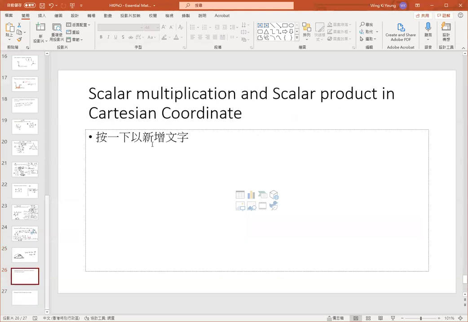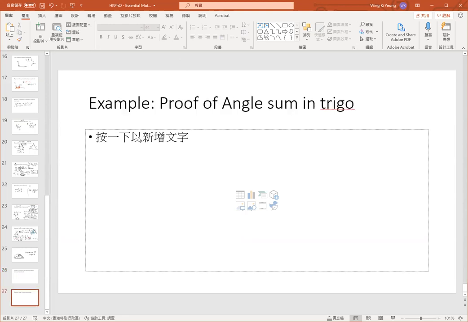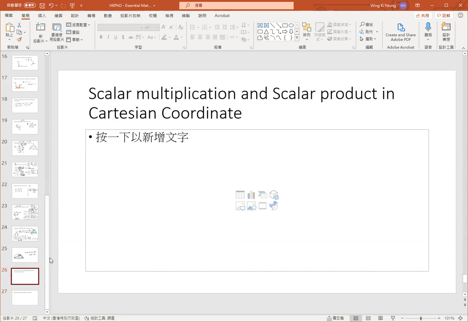Okay. The next one is scalar multiplication and the scalar product in Cartesian coordinates. The scalar multiplication in Cartesian coordinates is pretty simple.